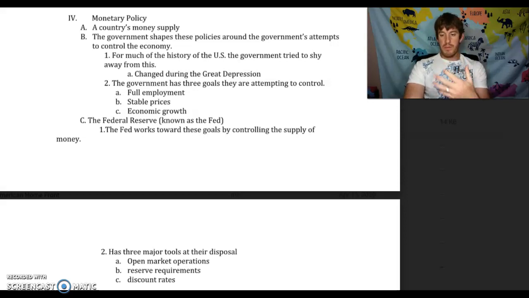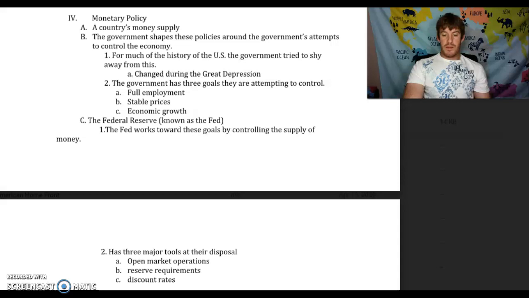Because they're buying up the bonds. That means they're spending the money. The money's being put out there on the market. And so there's more money to operate with for different capital and investments and things like that. If they want to decrease the money supply, they will sell more government bonds. They'll try and sell more government bonds and then hold that money.